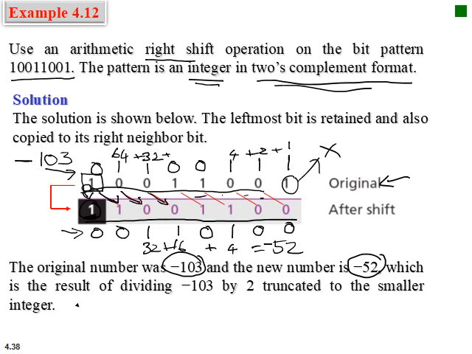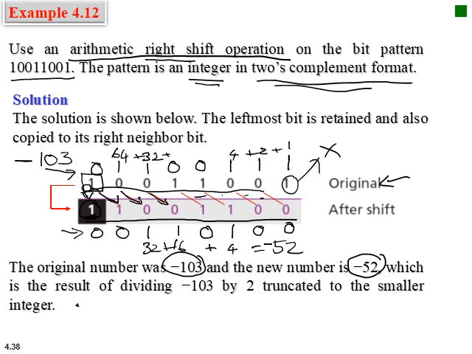If you take minus 103 and you do an arithmetic right shift operation, we know we're going to divide by 2. Now, minus 103 divided by 2 is technically minus 52.5. But we are doing here what we call integer division.